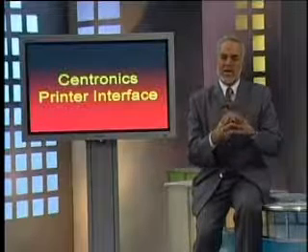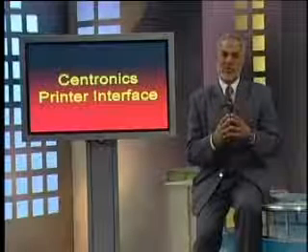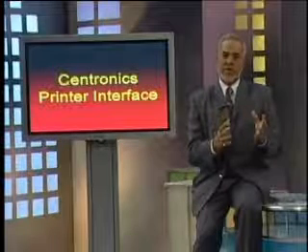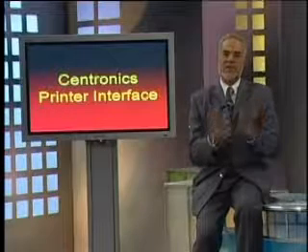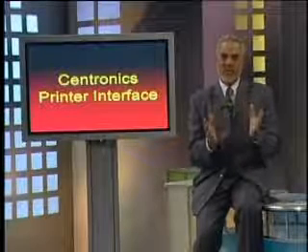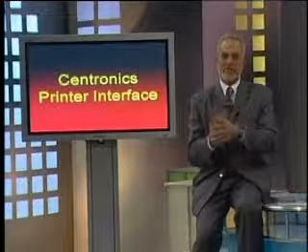And in our next example, we want to illustrate and explain how the Centronics interface would be implemented. For the sake of simplicity and illustration, we utilize the 6 decimal addresses starting from 56.